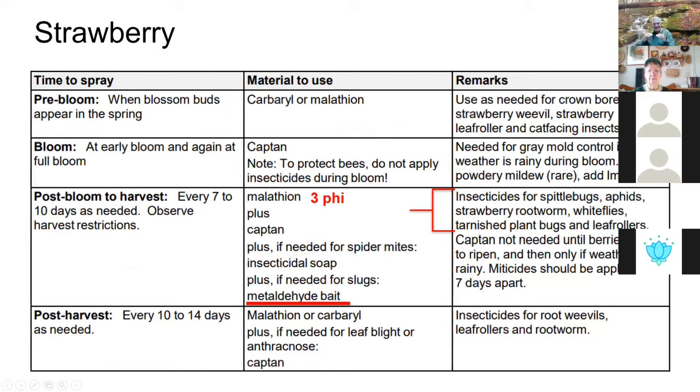Strawberries, again, are a little easier, with fewer things to control and not as much stuff that I'm going to use. Malathion is labeled for strawberries, with a 3-day post-harvest interval, controlling spittle bugs and aphids and things like that. One fairly common problem I'll see in strawberries is slugs, and using metaldehyde to control slugs in those plantings.